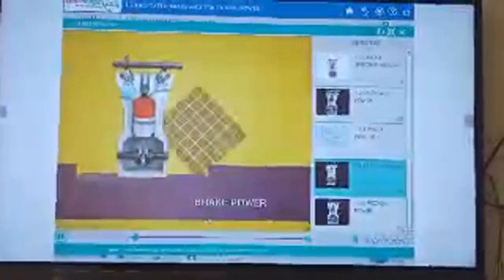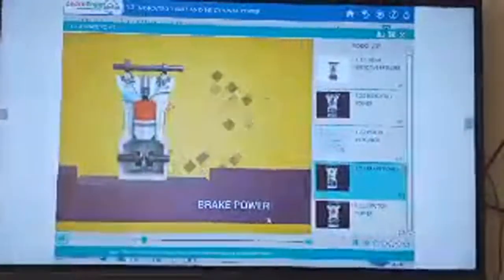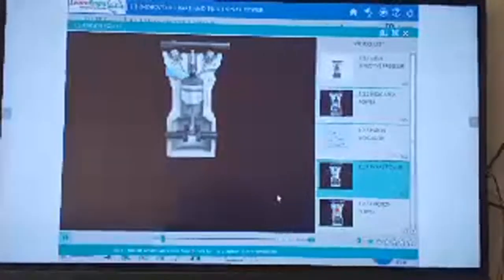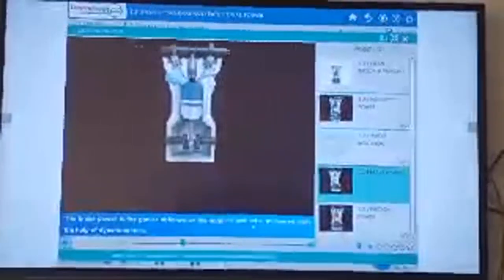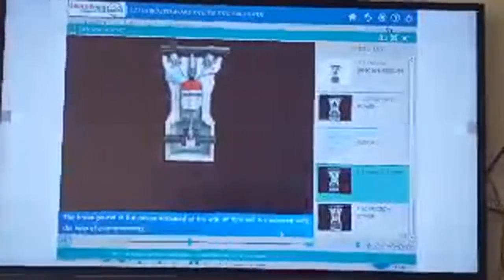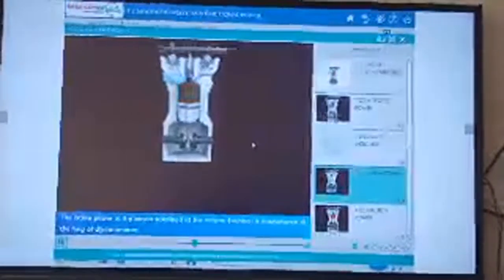Brake power. In this video, we will discuss the brake power. Let us see the model of brake power on engine. The brake power is the power obtained at the engine flywheel, measured with the help of dynamometers.